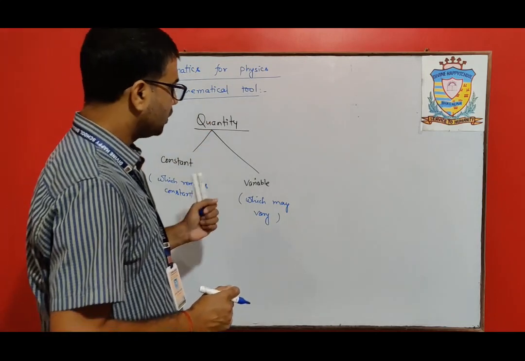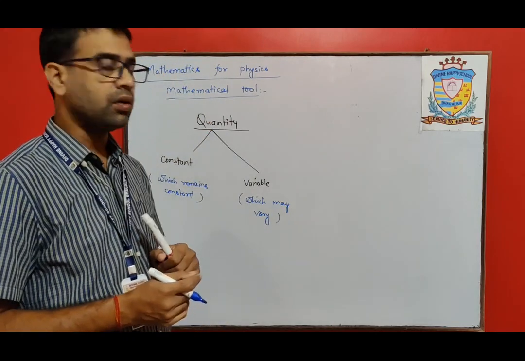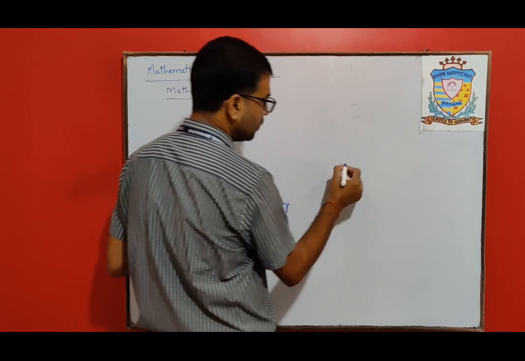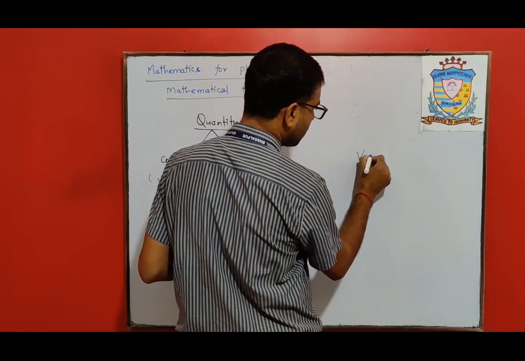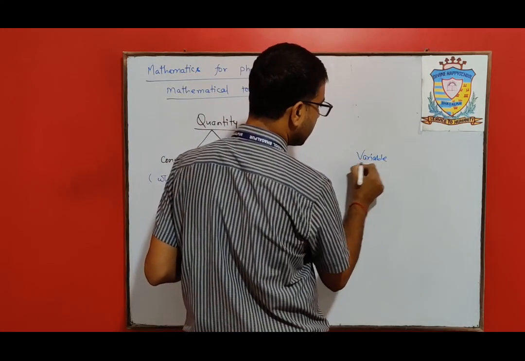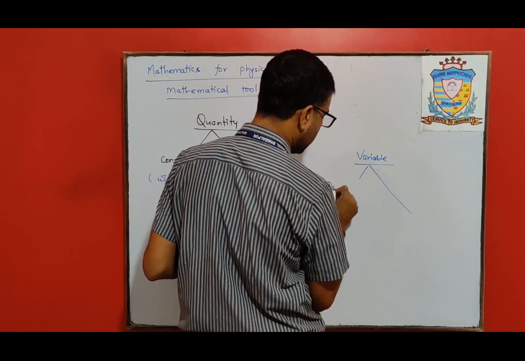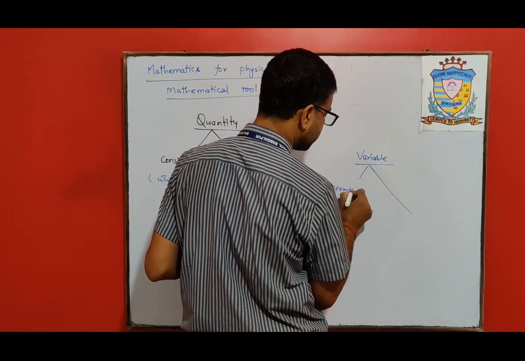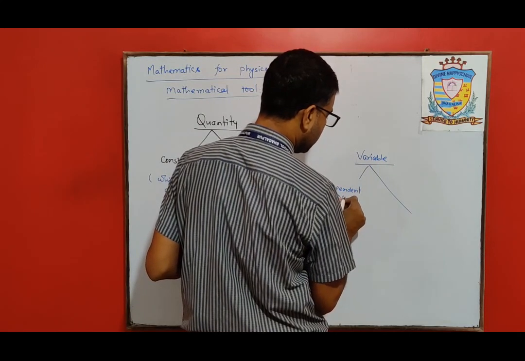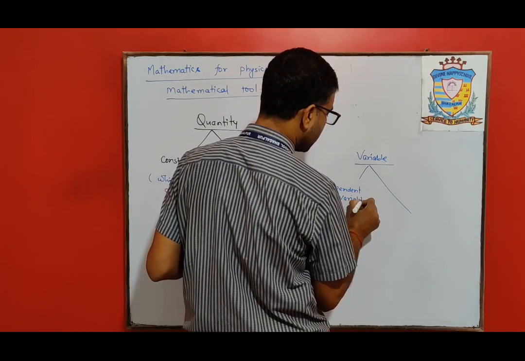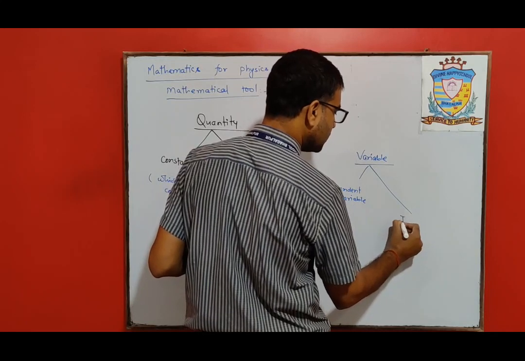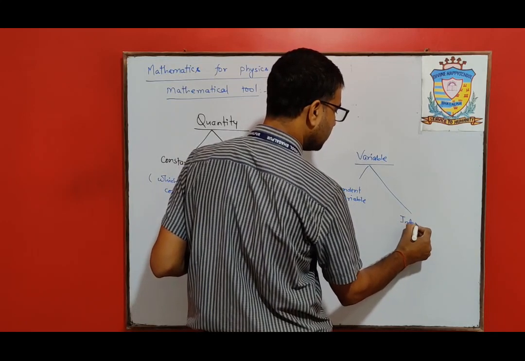Clear? Now this variable is again of two types. One is known as dependent variable, and another one is known as independent variable.